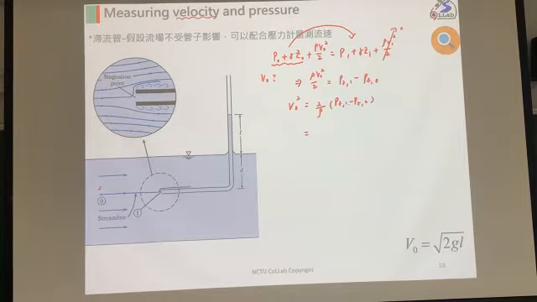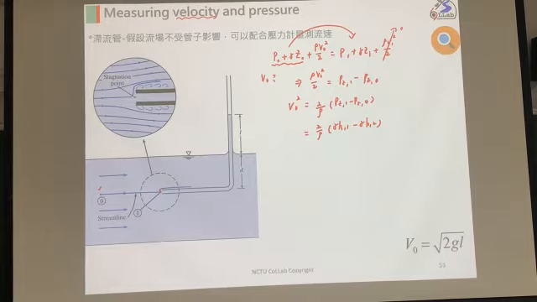Okay, and we know PZ1 is equal to gamma times head 1, minus gamma times head 0. So what is the head? The head height for point 0.